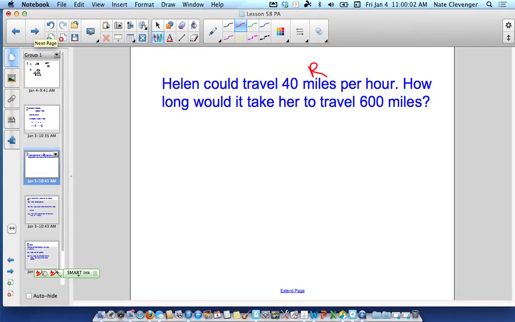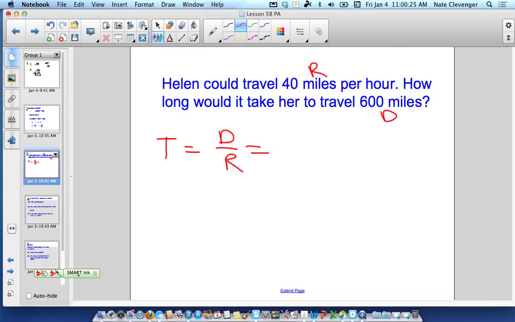Okay. How long would it take her to travel 600 miles? Well, 600 miles, is that a rate, time, or distance? That's a distance. So we're looking for how long it would take. So we're looking for time, aren't we? And we said the time is equal to distance divided by rate.